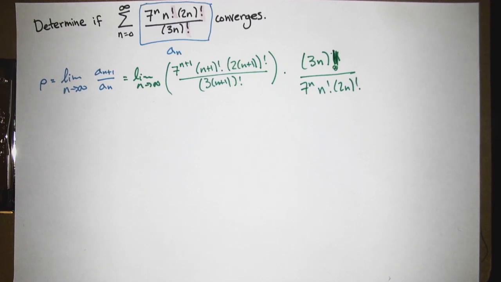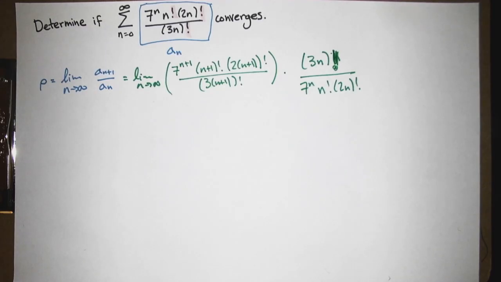So what are we going to do? We're going to channel what we talked about in the last one. When you have a factorial, you can pull off a term. Well, you can pull off as many terms as you want until you can make a comparison.